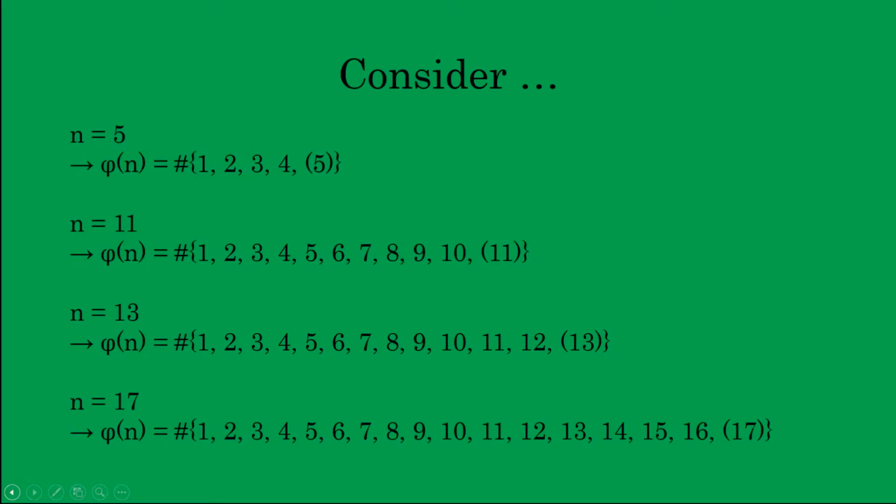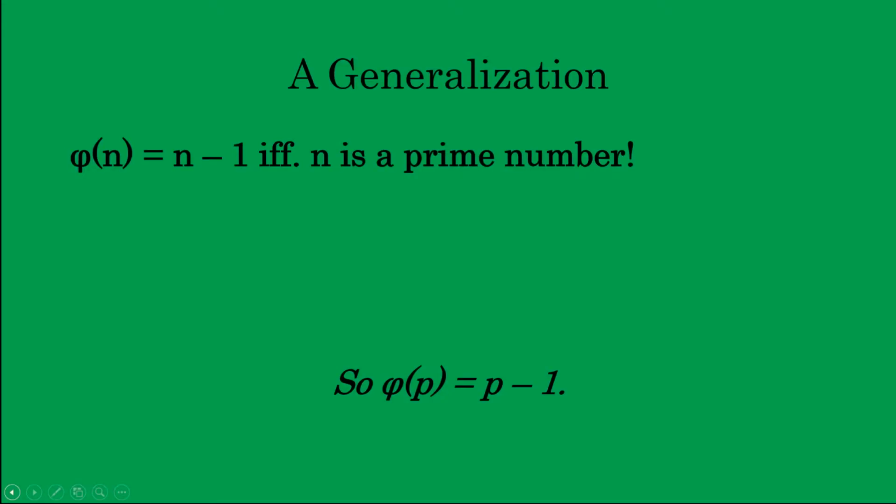And so why is this in particular true? Well, more generally, phi of n equals n minus 1 if and only if n is a prime number. And that should be somewhat intuitive, because the fact that it's a prime number means it has no distinct factor less than it that divides into itself other than 1.